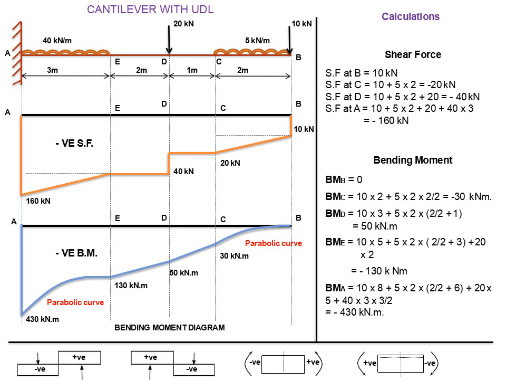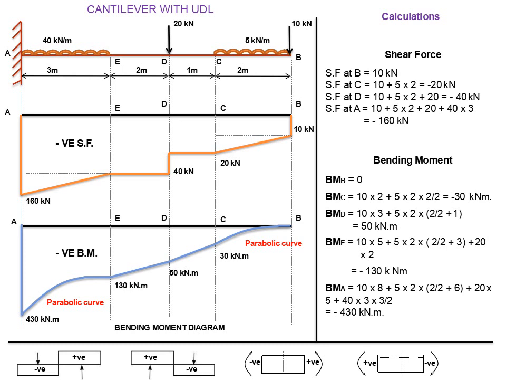So the bending moment will be 10 into 3 for the point load, plus 5 into 2 for its corresponding load, with the distance from its center of gravity to D being half of the length, 2 by 2, plus 1. Simplifying this, we get the bending moment at D as minus 50 kilonewton meter.